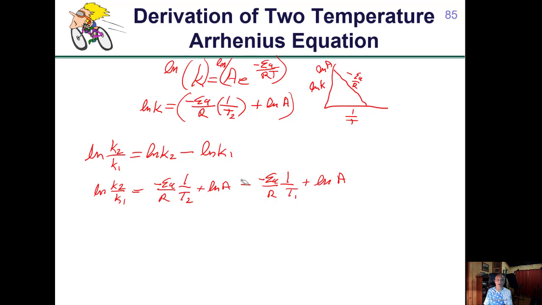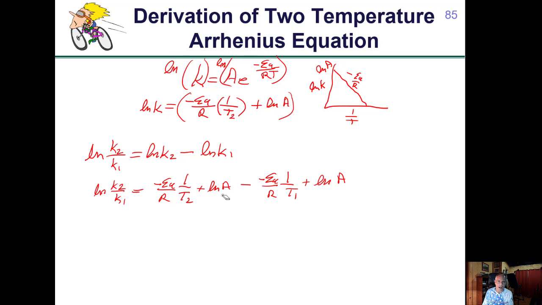The natural log of frequency factor A is the same for both reactions. We're presuming that E of A, the activation energy, is the same for both reactions. R is the same. The only thing that's going to be different is our temperature, and that's going to give us two different rate constant values, and that's going to give us a different rate of reaction.